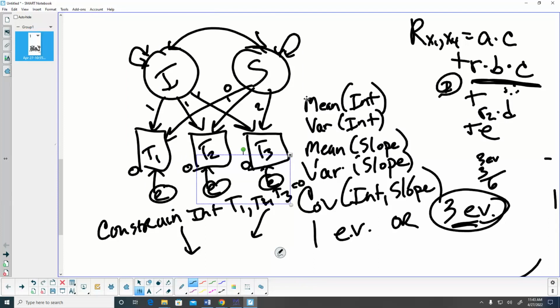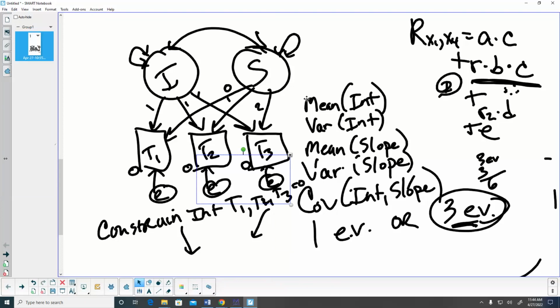So in this model, if I don't constrain the error variances to be equal, the variance covariance portion is just identified, but the mean structure portion is not. It has 1 degree of freedom. So if I allow these error variances to freely vary, this model has 1 degree of freedom. And that 1 degree of freedom is actually coming from the mean structure part of the model, not the variance covariance part of the model, right?